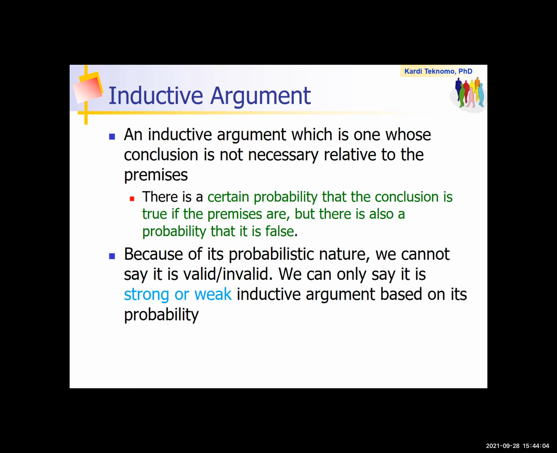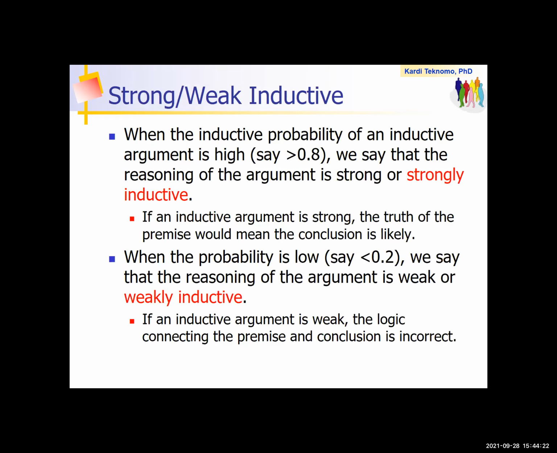We can only say it is strong or weak, based on its probability. Strong if the probability is high, weak if the probability is low. Clear? How high? I will say 0.8 and above. And how low? Less than 0.2.